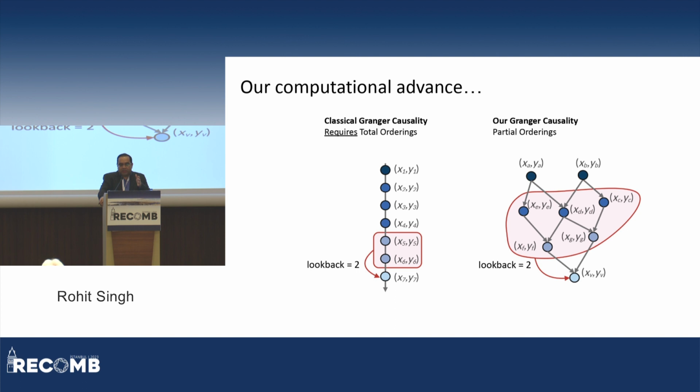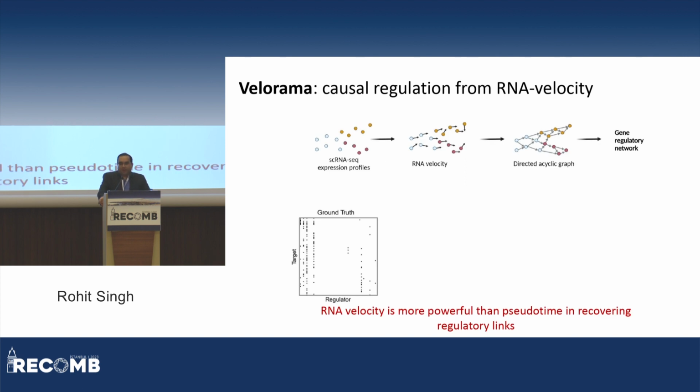And note that if you were to go to linear chains, this basically collapses down to the classic definition of Granger causality. And it has this notion of lookbacks or lags. So you can look back 1 hop, 2 hops, 3 hops to see how far back in history you want to consider X. Okay, so this is what Velorama does.